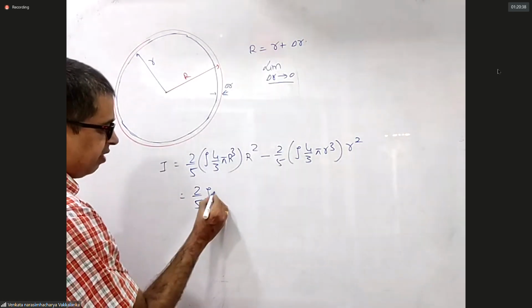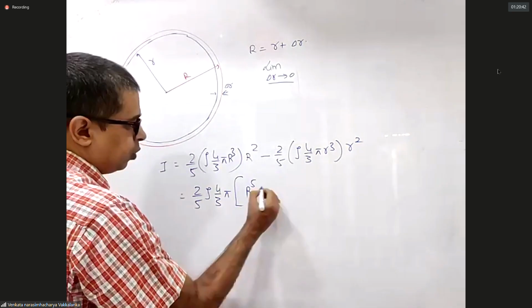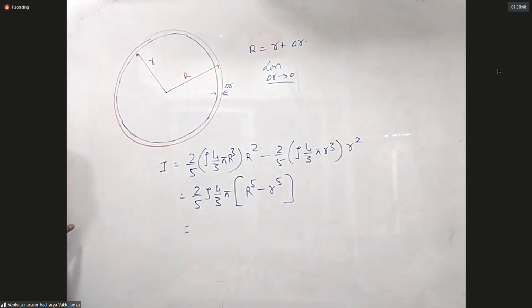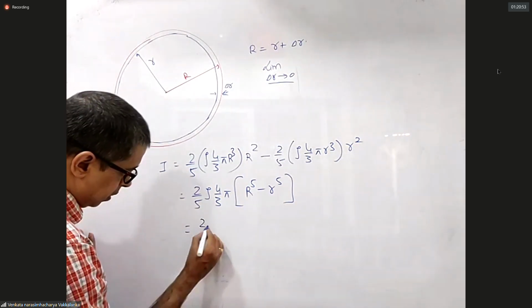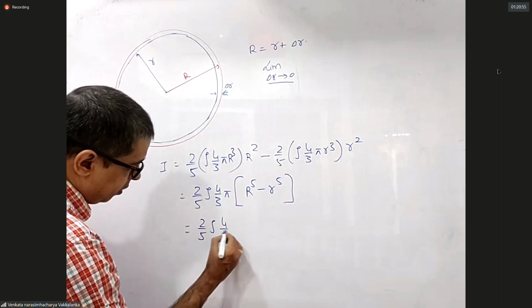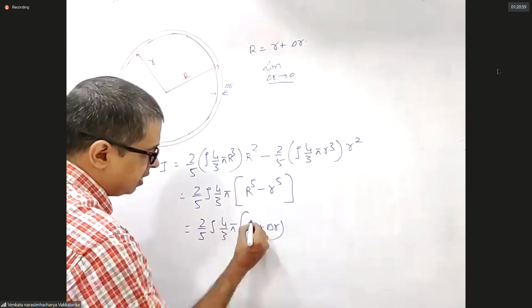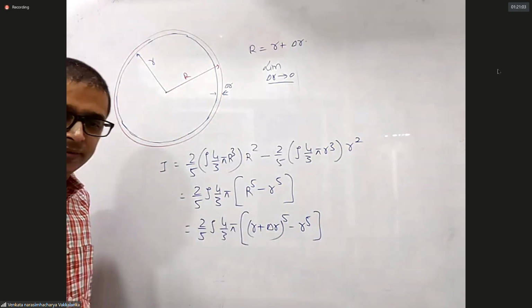2 by 5 rho 4 by 3 pi, R to the power 5 minus r to the power 5. 2 by 5 is common, rho is common, 4 by 3 pi is common. 2 by 5 rho 4 by 3 pi, r plus delta r to the power 5 minus r to the power 5.